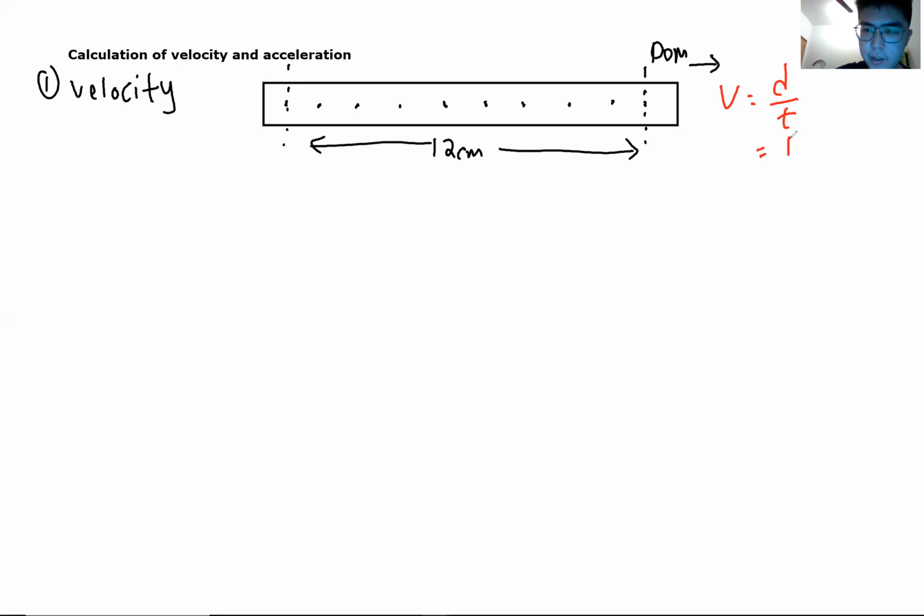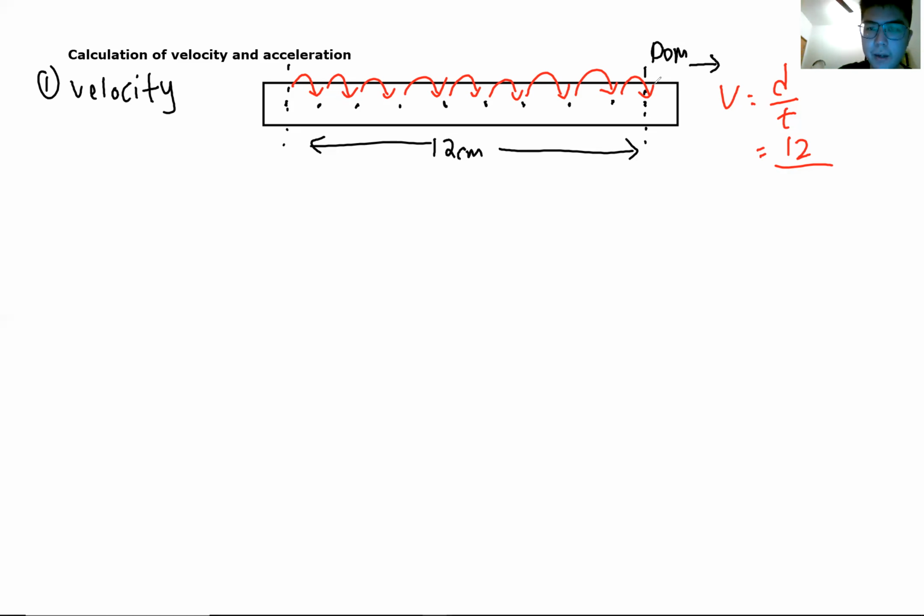So you have 12 cm divided by, now you have to calculate how many ticks. This is 1, 2, 3, 4, 5, 6, 7, 8, 9. Okay, 9 ticks.